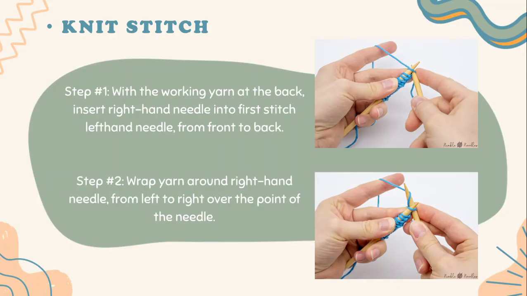The third basic stitch in knitting is knit stitch. First step is with the working yarn at the back, insert right hand needle into first stitch on left hand needle from front to back. Second, wrap yarn around right hand needle from left to right over the point of the needle.